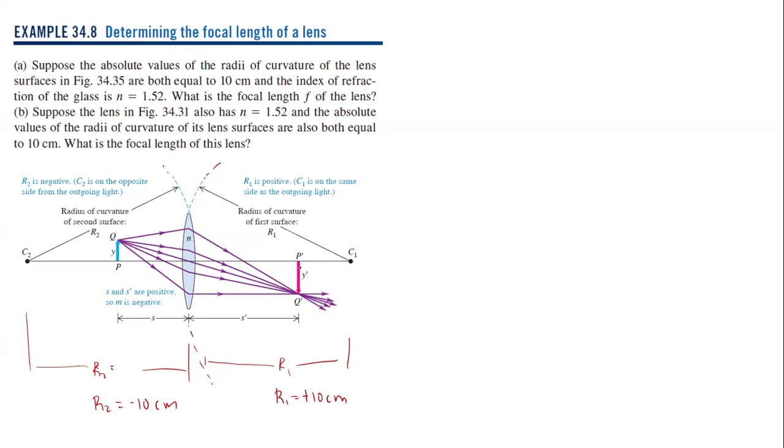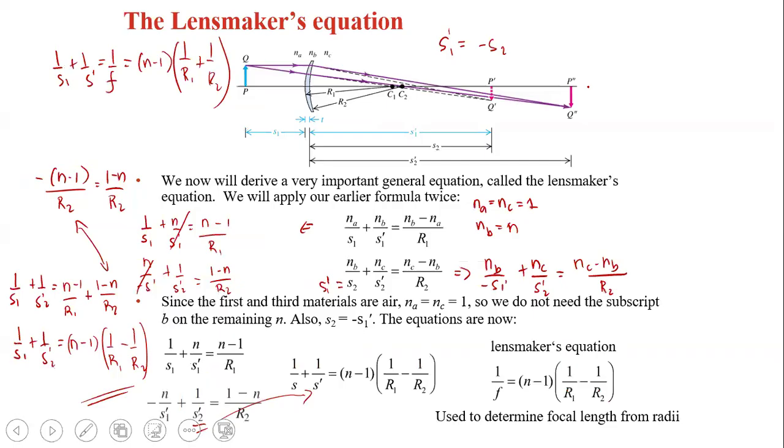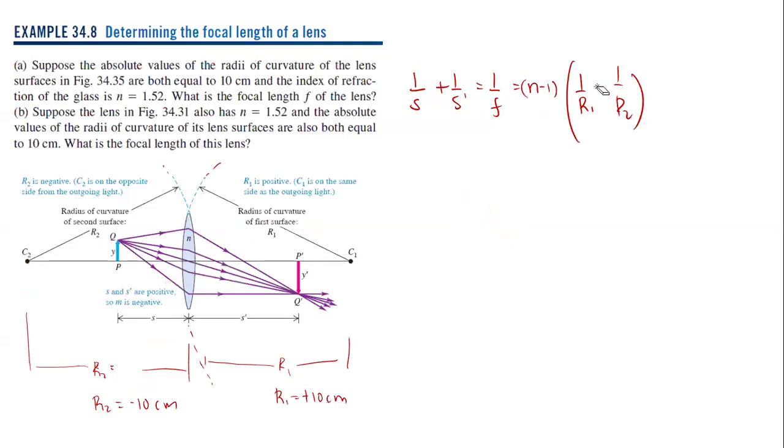So what should we do next? Okay, let's do the lens maker's equation. 1 over S plus 1 over S prime is equal to 1 over F, or this is equal to n minus 1 times 1 over R1 minus 1 over R2. Basically, this is minus R2.